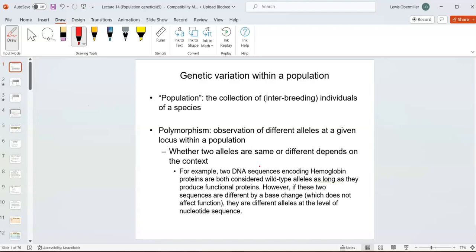It can be any change, and that change can be anywhere. It could be in between genes, in introns, intergenic spacers, it could be anything. It doesn't necessarily have to change the phenotype. So any change can be a polymorphism.